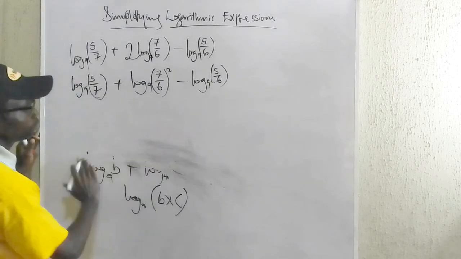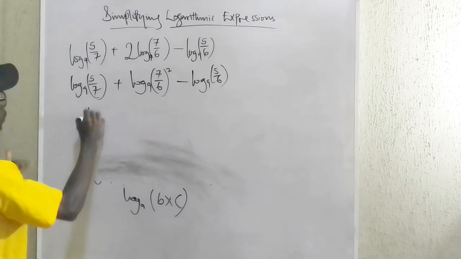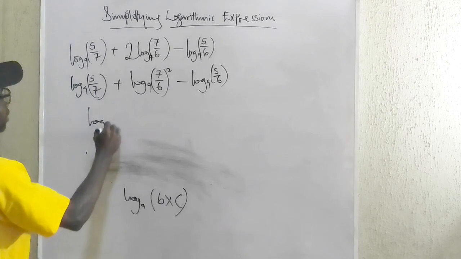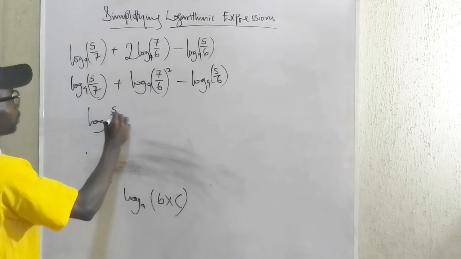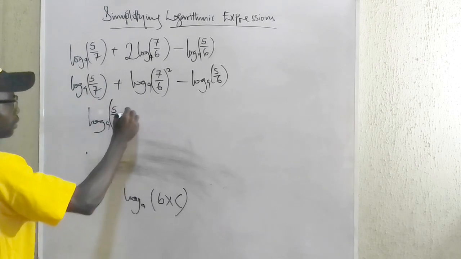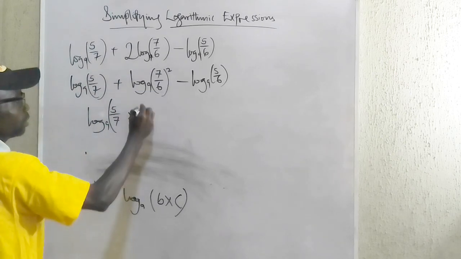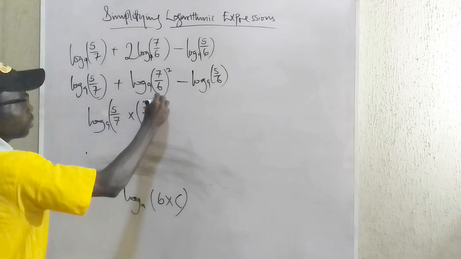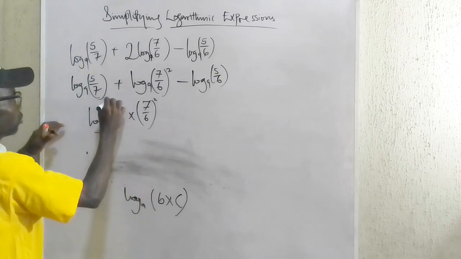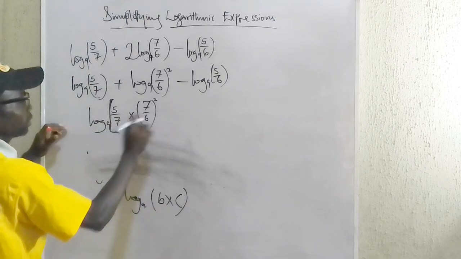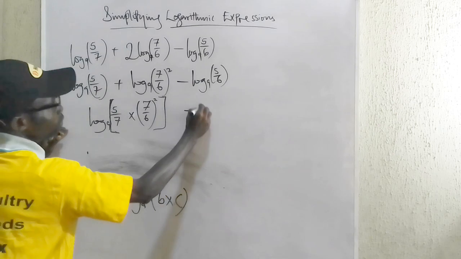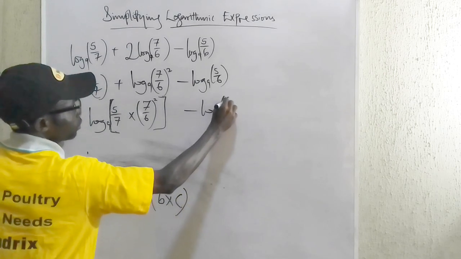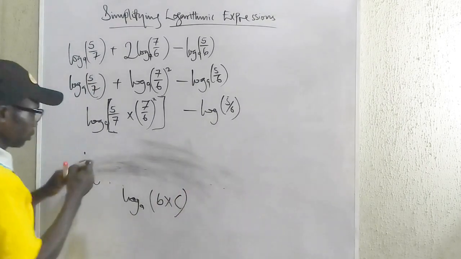There's going to be log in base 9 of 5/7 times this, 7/6. Do not forget it's squared. And then let's use this larger bracket this way. Now we'll leave this for some time and we'll come back to it.